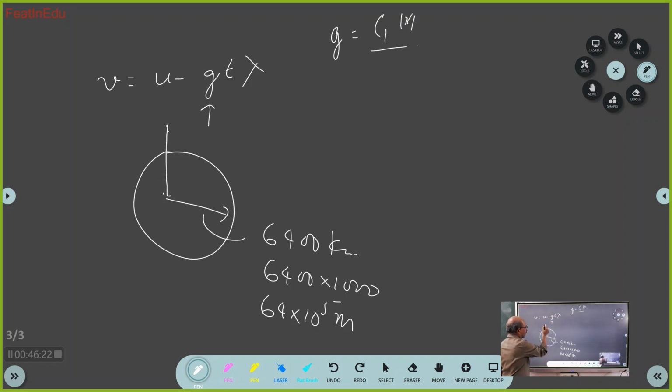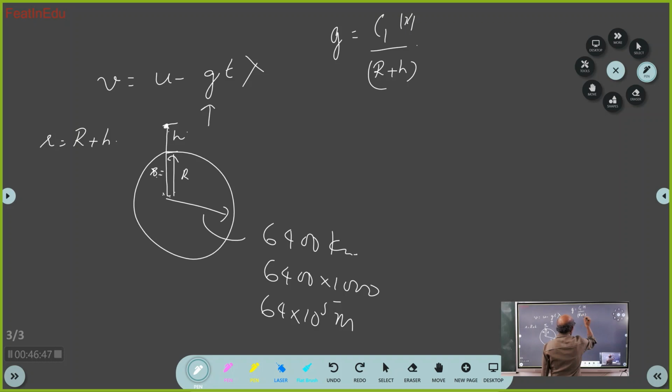This distance is R, this distance I will take as H. So the total distance will be R plus H. So I'll write it as GM divided by (R plus H) whole square.